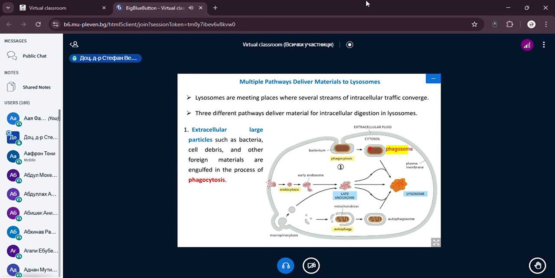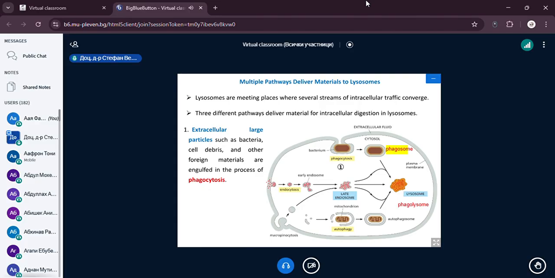When this happens, this early endosome changes into a late endosome, and then from the Golgi apparatus, primary lysosomes holding inactive lysosomal enzymes come and fuse with the phagosome to change this phagosome into a lysosome, or more correctly, this type of lysosome is called a phagolysosome.